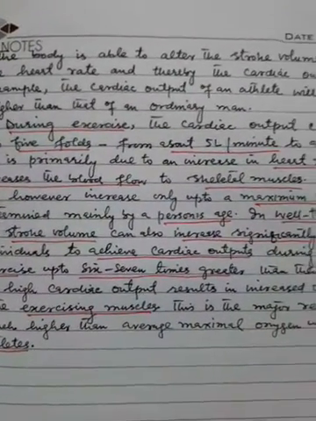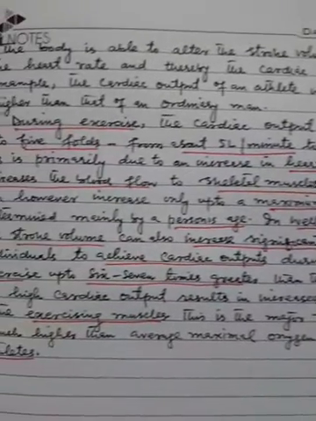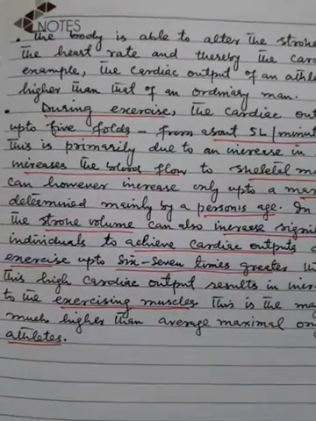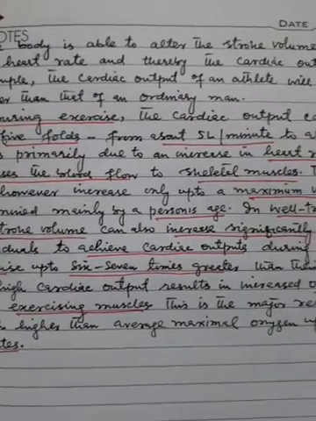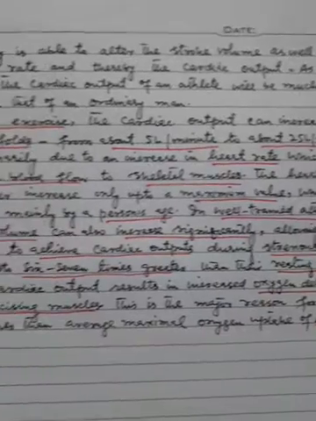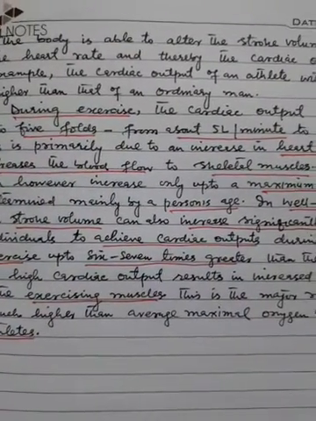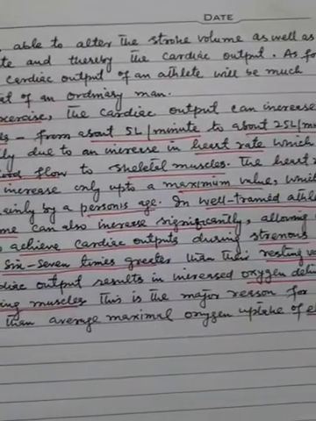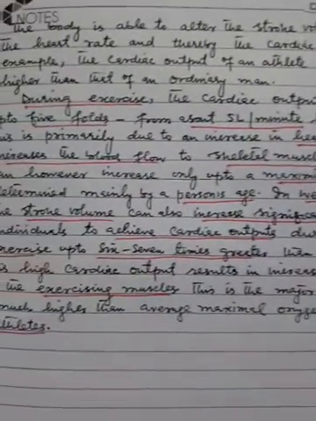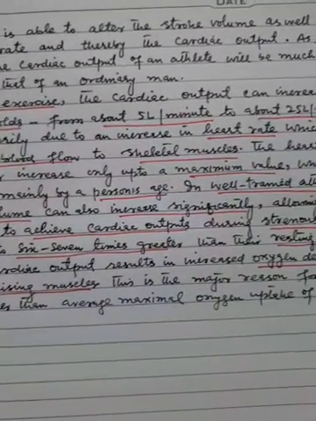During exercise, the cardiac output can increase up to 5 folds, from about 5 liters per minute to about 25 liters per minute. This is primarily due to an increase in heart rate, which increases the blood flow to skeletal muscles.